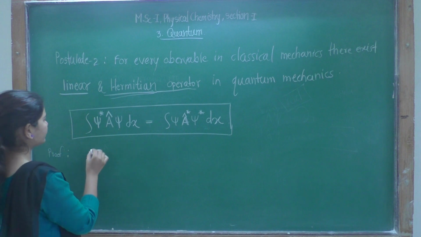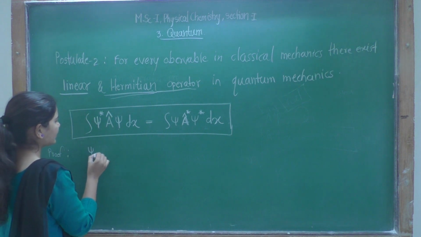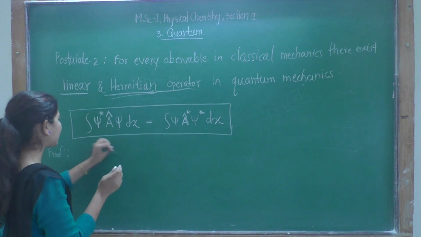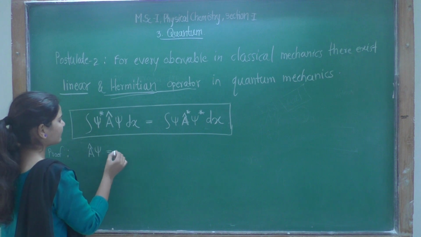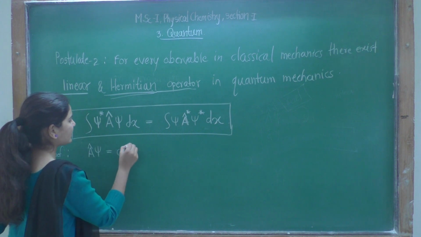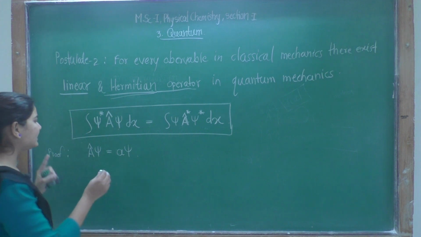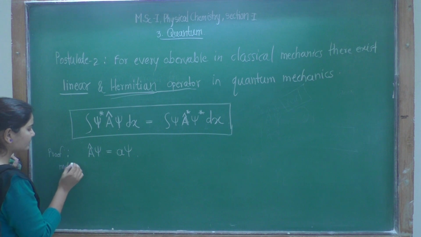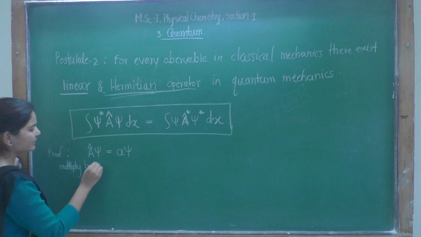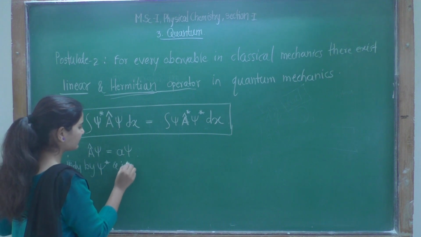First of all, psi is a function, okay. We have the eigenvalue equation. Operator A cap operates on psi, it will give eigenvalue A and psi as it is. Now let's multiply this equation by psi star and integrate.